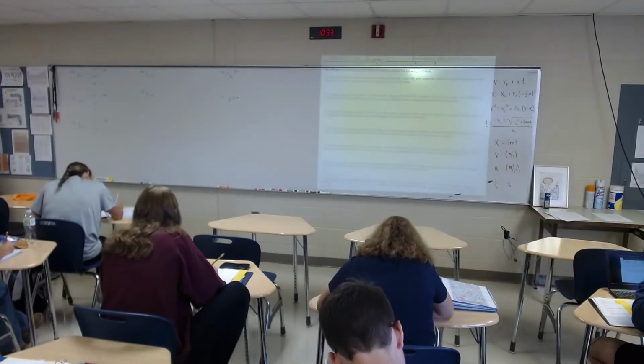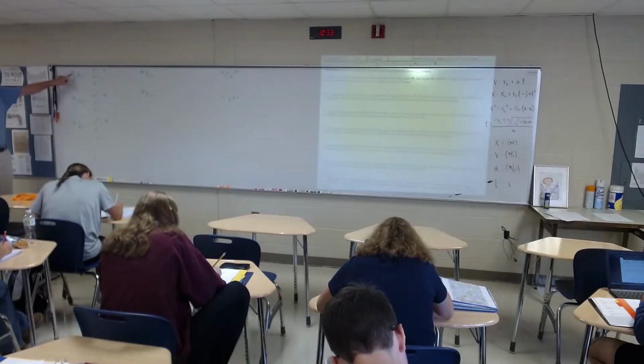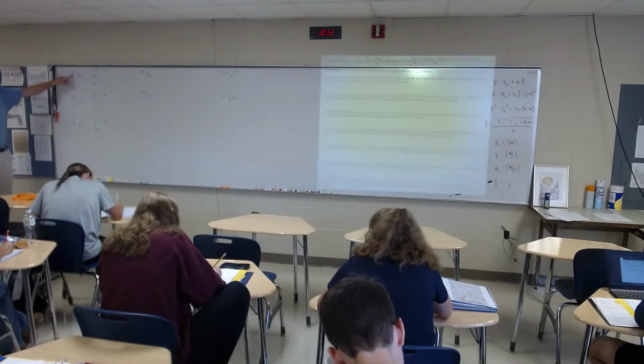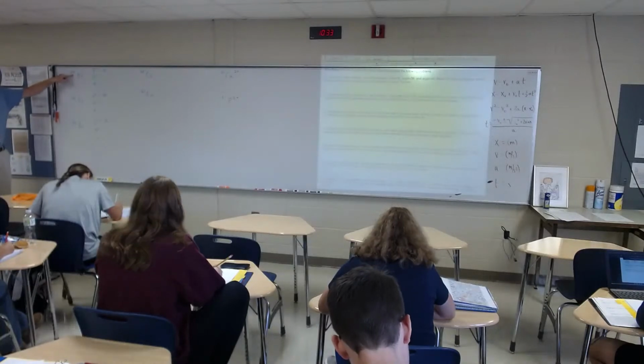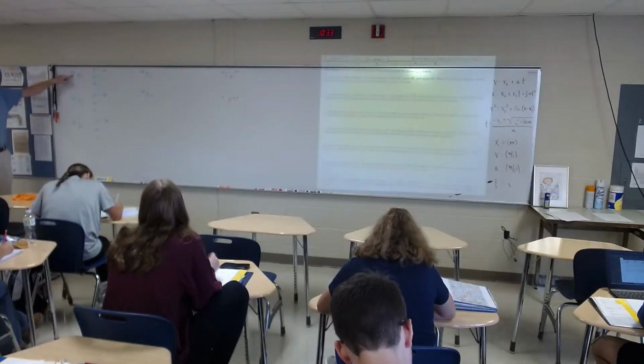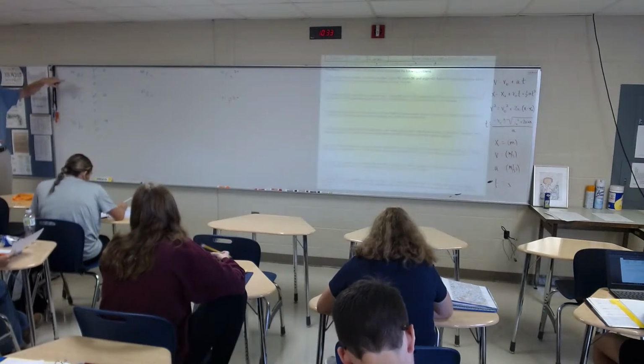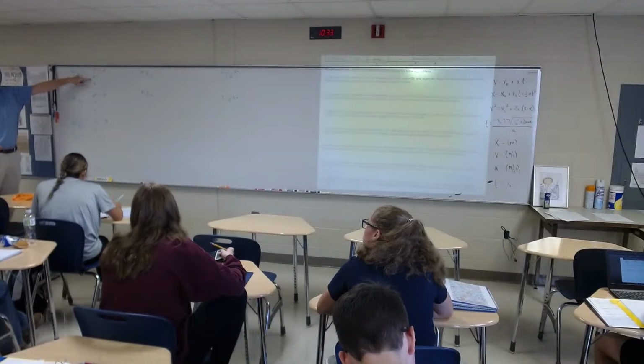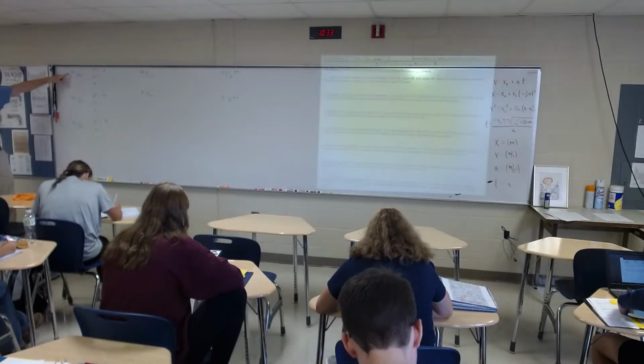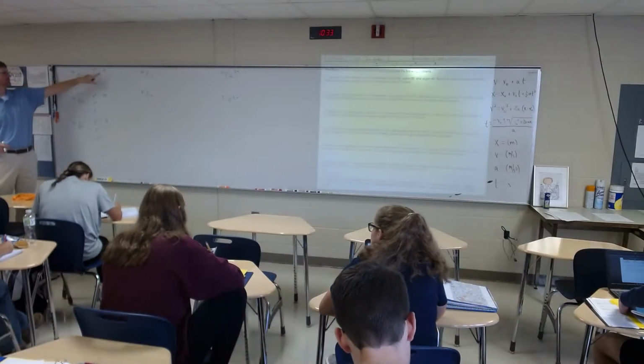Okay, how about neutrons? How are we going to figure that out? What's that number right there? What does it represent? Mass number, which is the sum of protons and neutrons. So if it's got 36 protons and neutrons, 18 of them are protons.